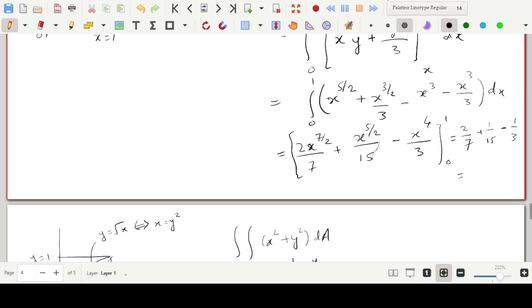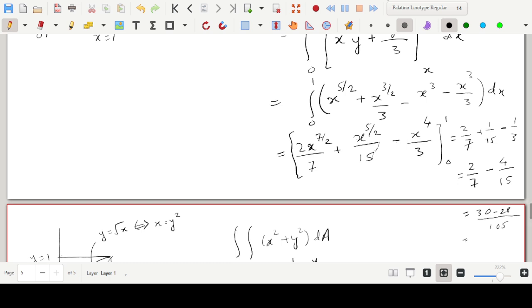Okay. 1 over 50 minus 1 over 3. So that becomes 3 minus 50... 1 minus 5, which is negative 4 over 15, and then this can be written as 30 minus 28 divided by 105.